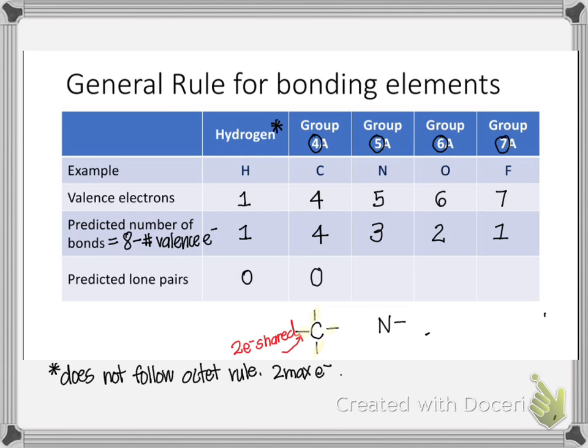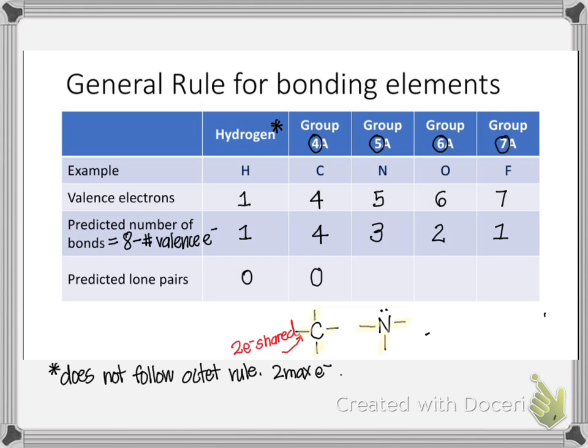Now nitrogen on the next one, we see that it only forms 3 bonds. So it would only have 3 lines, because it already brings 2 to this bonding party. And so if I were just to have 3 bonds, nitrogen would have 2, 4, 6 electrons. Okay, so 6 electrons is not enough. So nitrogen, because it brings more electrons than carbon, has one lone pair on top of it.